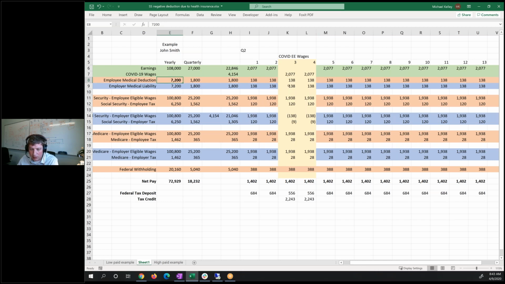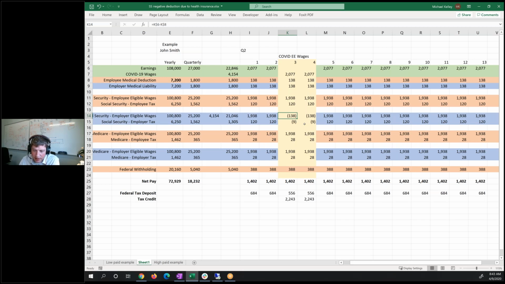Now, how does this play out? Well, for the employee eligible wages on the Social Security side, nothing changes, right? Because COVID wages are subject to employee Social Security. So he still has $1,938, still has Social Security employee tax of $120. But here's where it gets weird: the Social Security employer eligible wages.